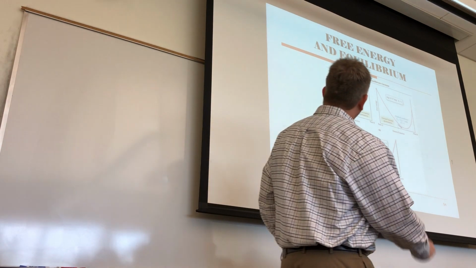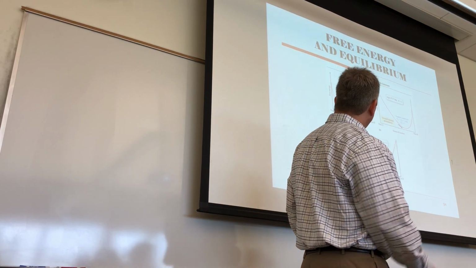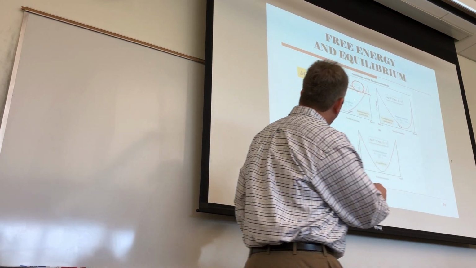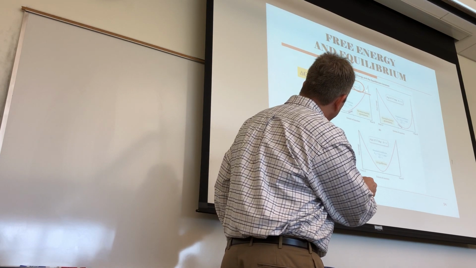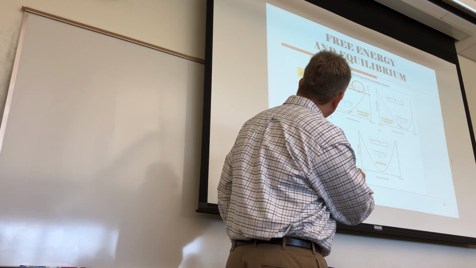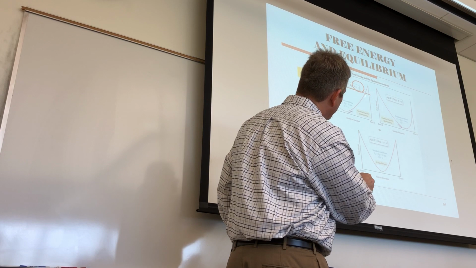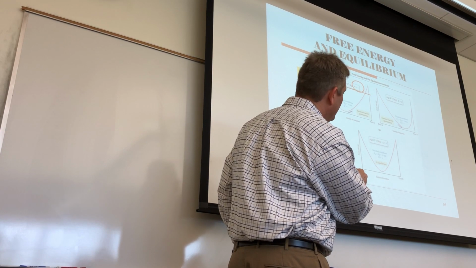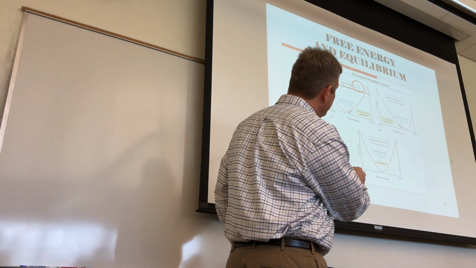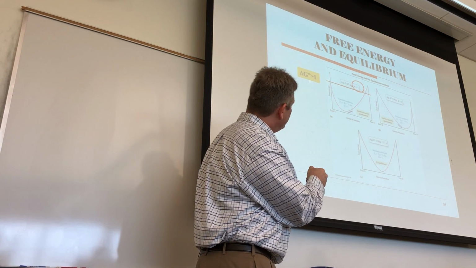When K is less than 1, on this side of the reaction, delta G is greater than 0 in the reaction direction that's written, which means it's what? Spontaneous or non-spontaneous?